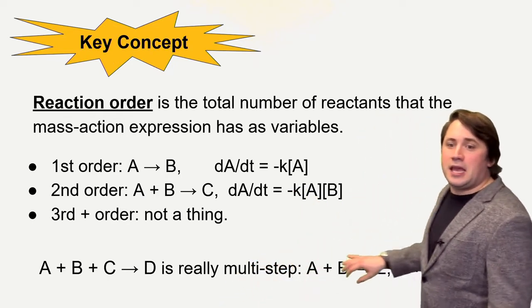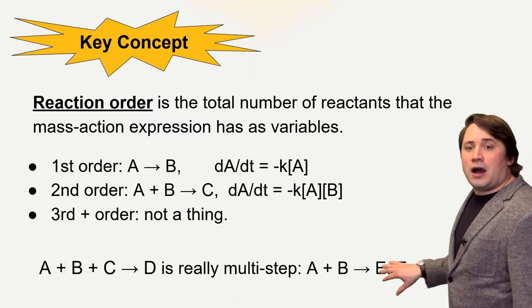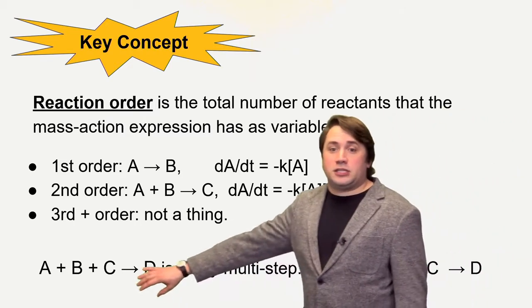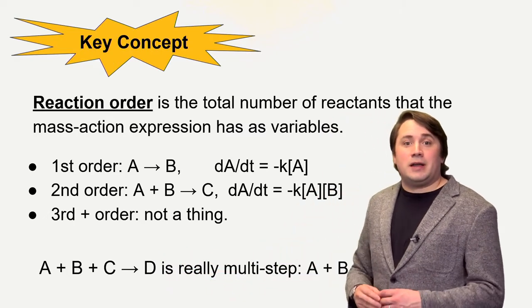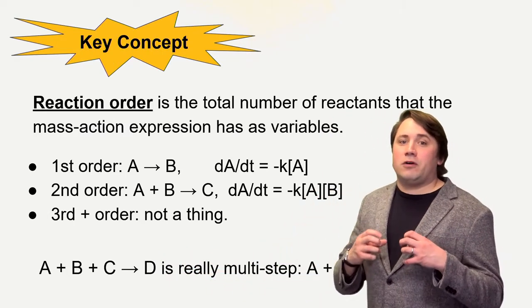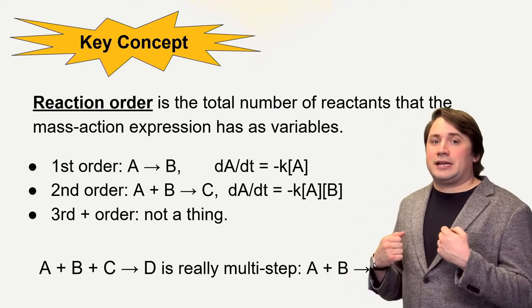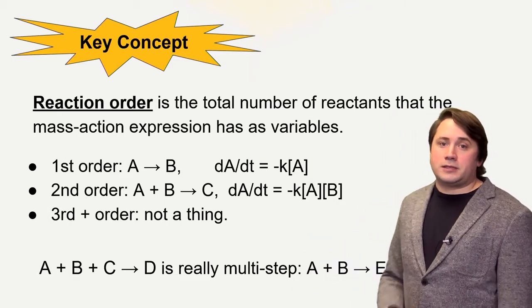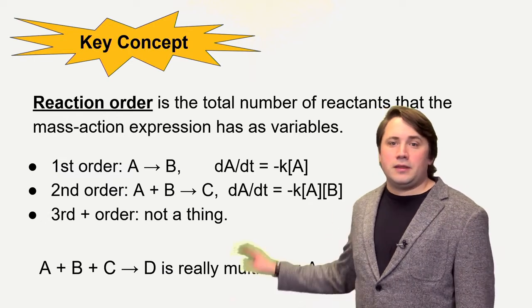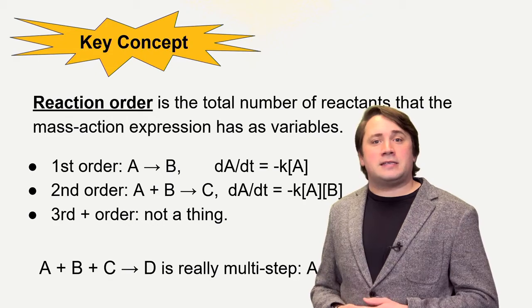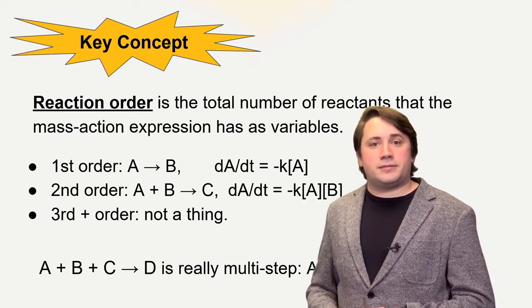It's always just a multi-step reaction, a multi-step reaction that might occur so quickly that it appears to just be one single reaction. But if you drill down to the molecular level of what's happening, you're always just having two reactants or just one reactant produce a product. So this is a summary of reaction order. Let's move on and see how this affects the rate of change of chemical systems.